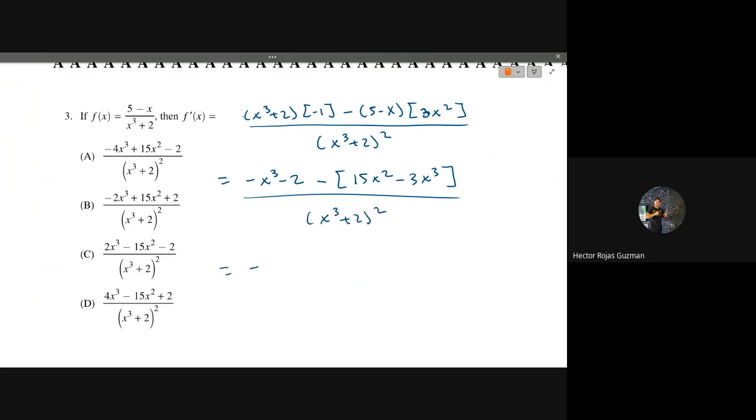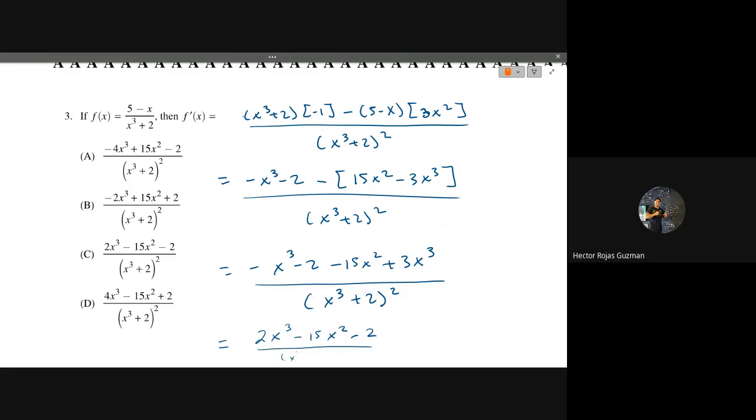Okay, distribute the negative: 15x squared plus 3x to the power of 3. The bottom doesn't change. And last but not least, combine like terms. So we have 2x cubed minus 15x squared minus 2 all over the bottom squared. Let's see. That is C.